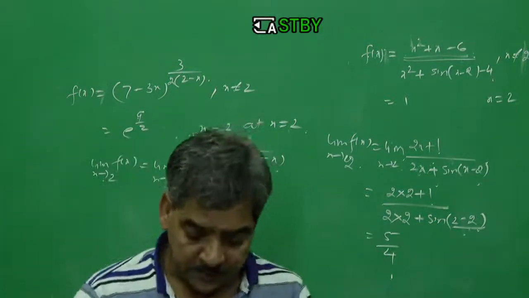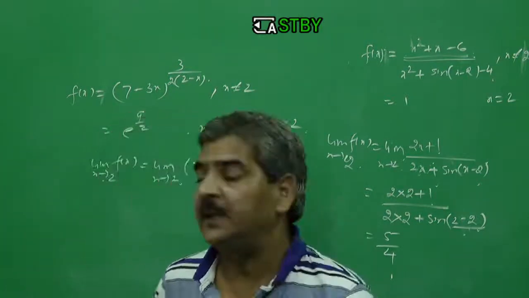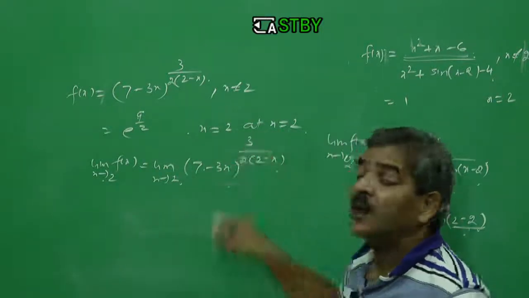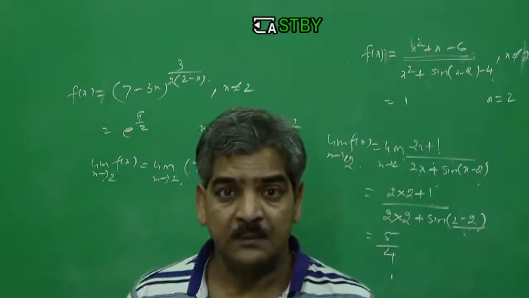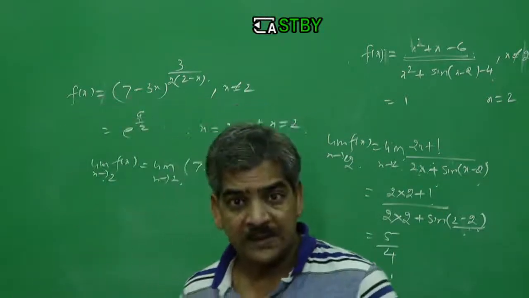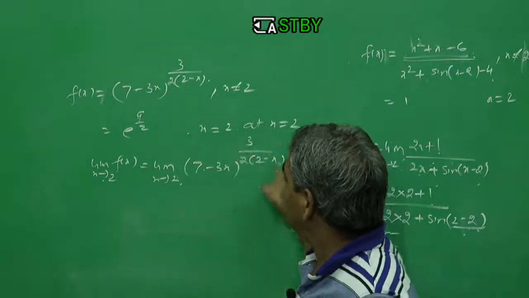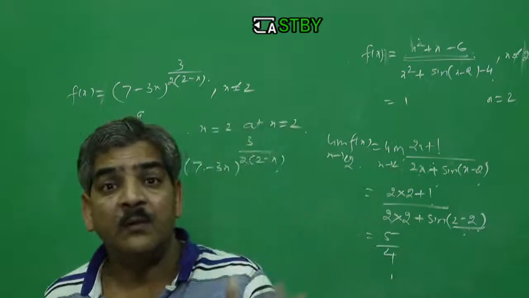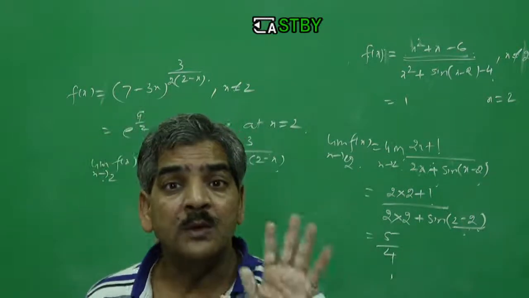रिकॉल माई स्टेटमेंट. मैंने बताया था, during limit, if base and index both are functions of x, then do one thing: take log on both sides, remove this index, shift this index as multiplier. For that take log on both sides.